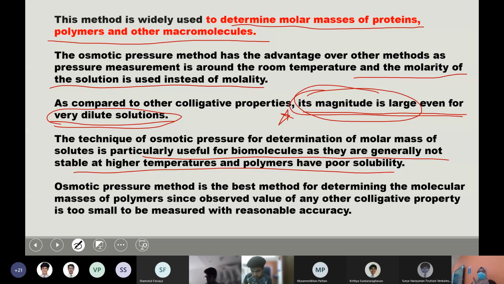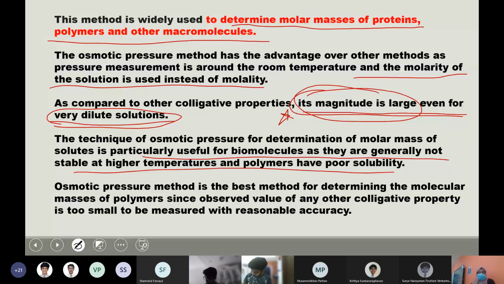For biomolecules, you cannot use the depression of freezing point or elevation of boiling point method because you need to heat or cool a solution. Cooling is again a problem, since these substances or polymers are less soluble at a very low temperature. So again it will affect the measurement.